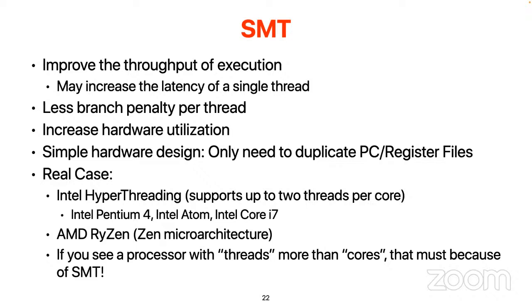And it makes the branch misprediction penalty smaller per thread on average. Maybe it doesn't matter if you only have one thread, but if you're running many together, on average each one will be better, making hardware utilization higher so we don't waste idle power.